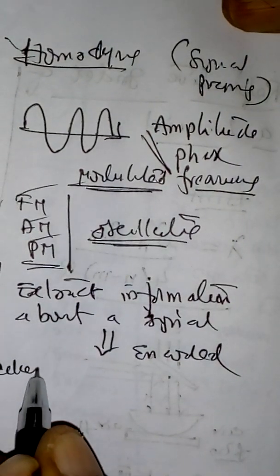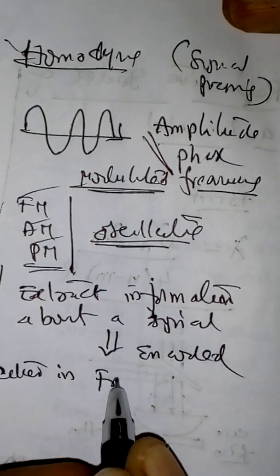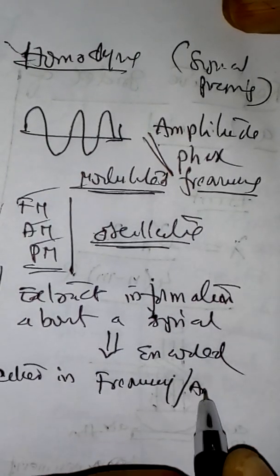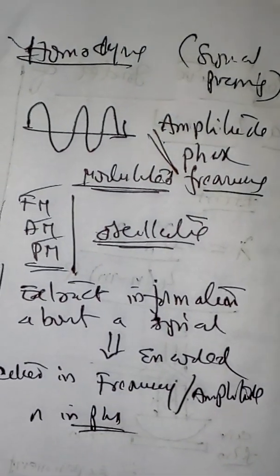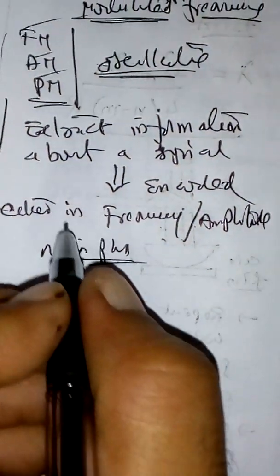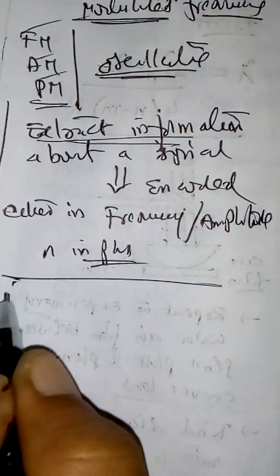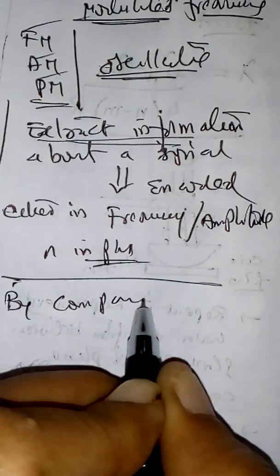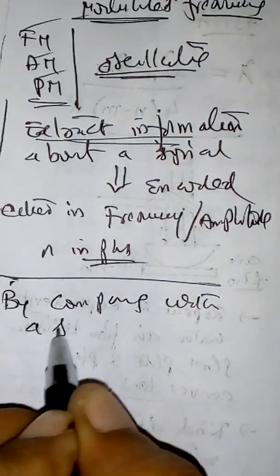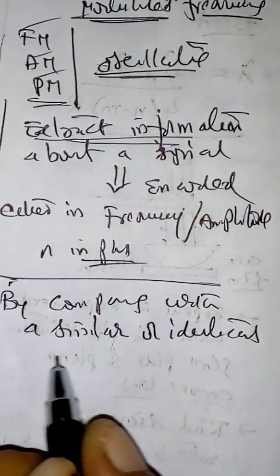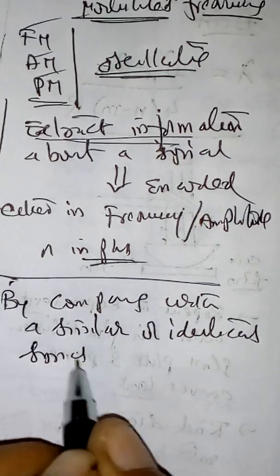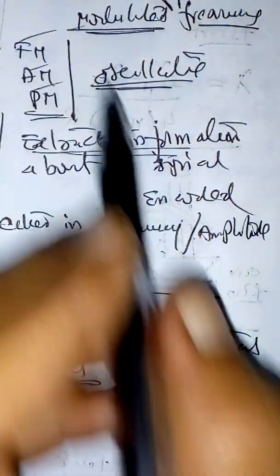Encoded either in frequency or in amplitude or in phase. So from that encoded process, how do you extract this information? By comparing with a similar or identical signal, we can get the information about a particular signal.